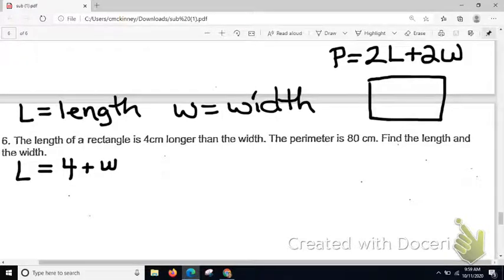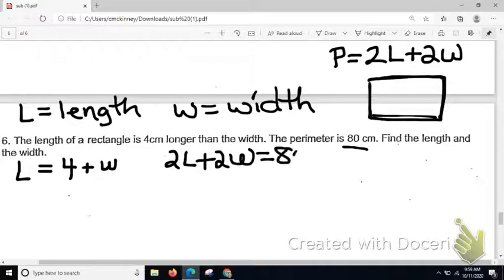Because there are 2 lengths, this side, and 2 widths, those 2 sides on the sides. W is width. So if my perimeter is 80, I'm going to put 2L plus 2W is 80.